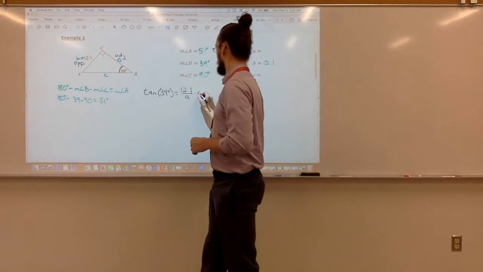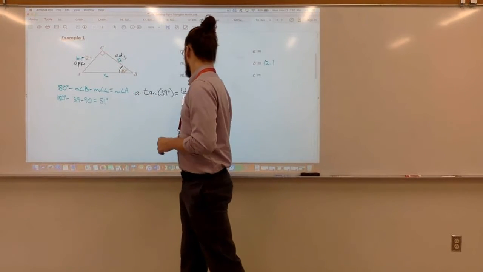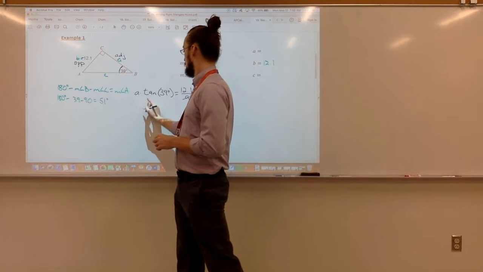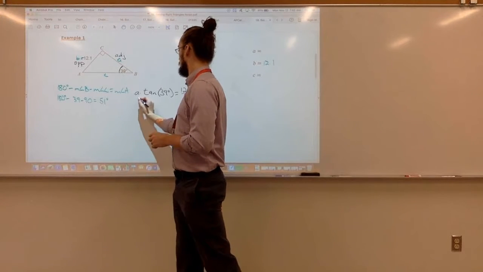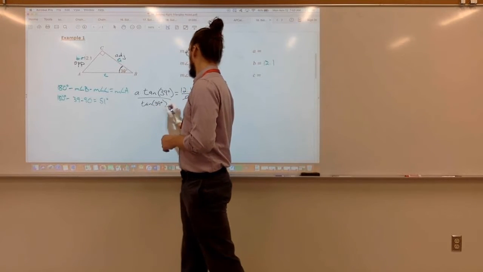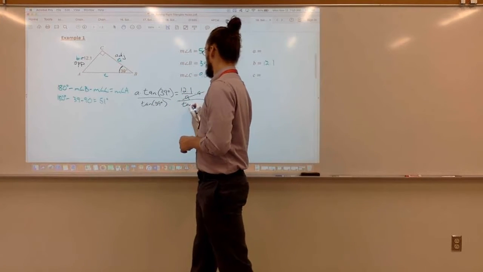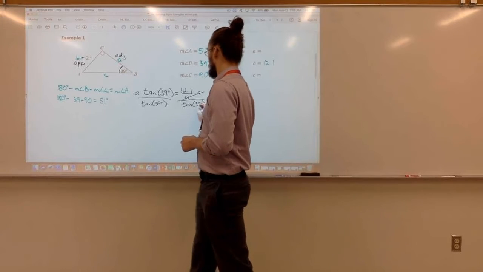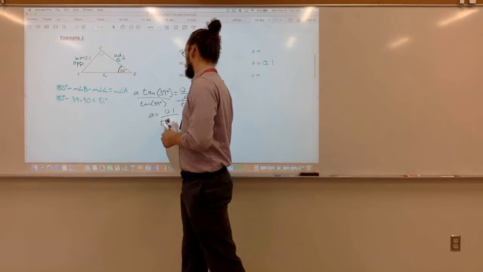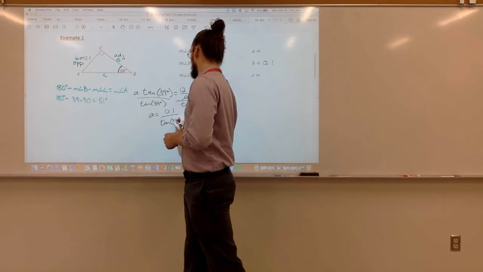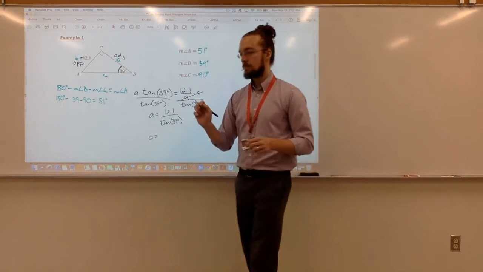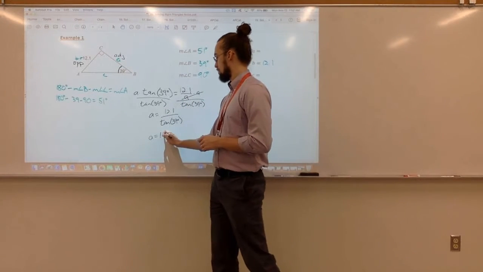Yeah, multiply both sides by A. Then I'll divide both sides by tangent of 39. And we end up with A equals 12.1 over the tangent of 39 degrees. What does that get us? 14.94.